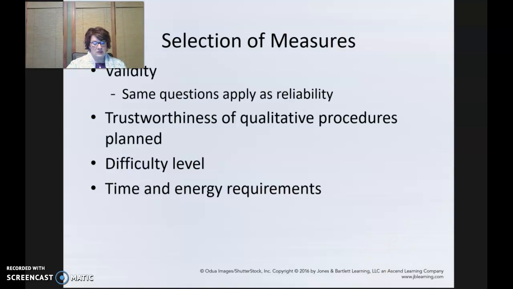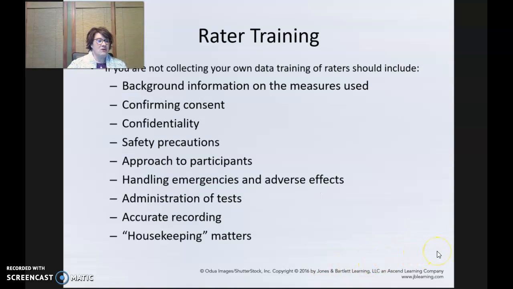When we're looking at our raters as well, we want to make sure that they're well trained, so they're very consistent, and that's really important because we want everything to be consistent so everyone is treated the same way, so that all the raters rate in the same way. We all have our different perspectives, and even just little nuances of how a rater may pose a question or how they may interpret an answer may skew some of the results of your study.